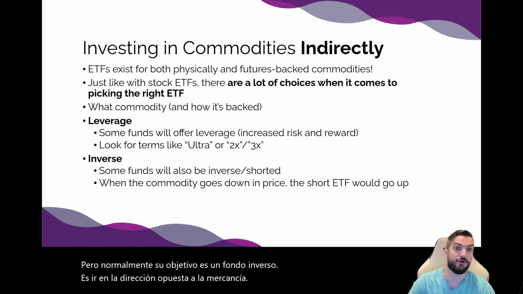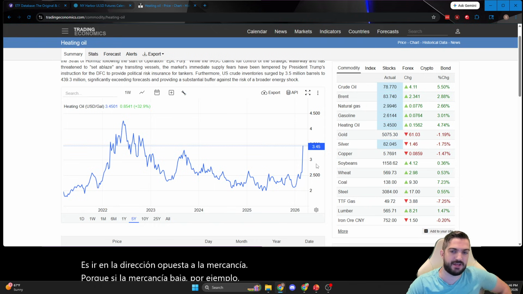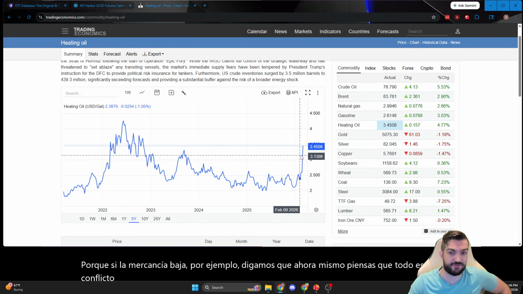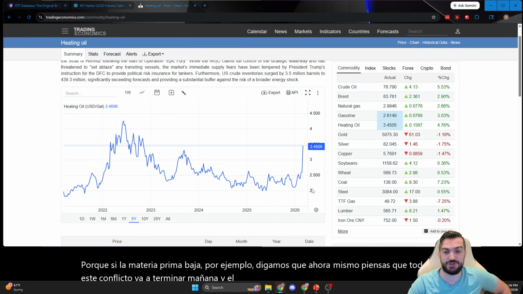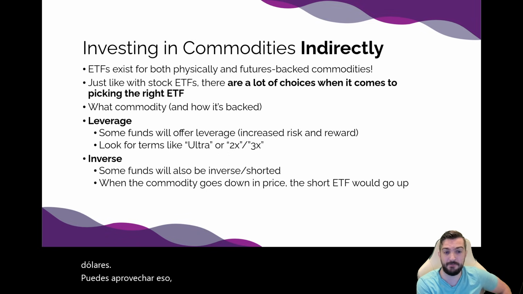Because if the commodity goes down, for example, let's say right now you think that all of this conflict is going to end tomorrow, and the price of oil is going to drop back down to $2.50. You can capitalize on that. You can profit off of thinking it's going to go down by buying an inverse fund.